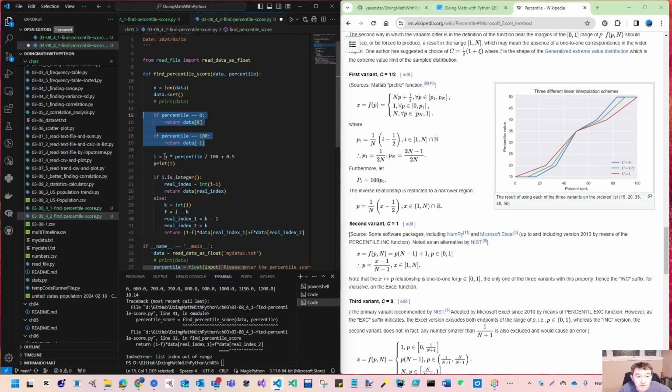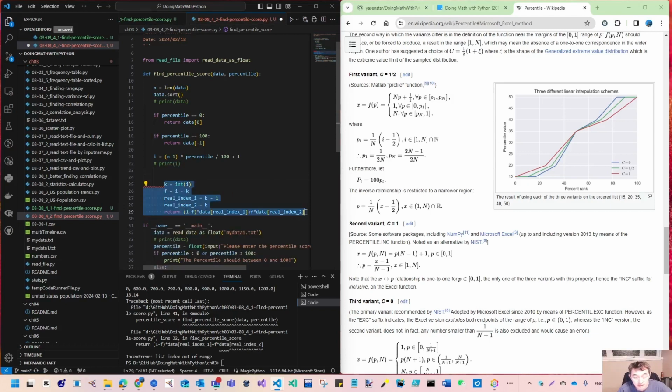So use this times percentile divided by 100, then we plus 1. First we put n minus 1, then we add 1, then this will not overflow, so we comment this out, and we don't need so many things.